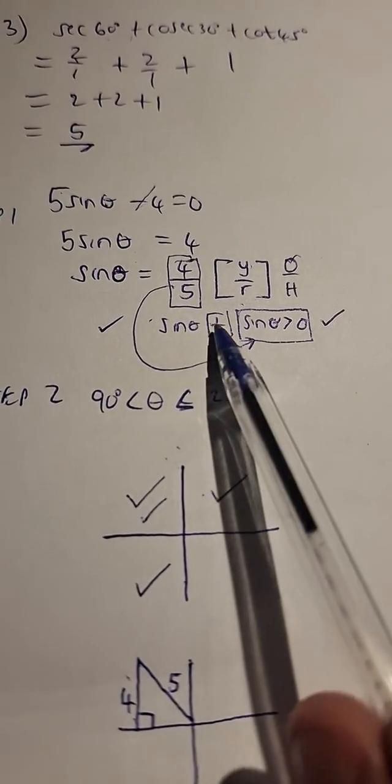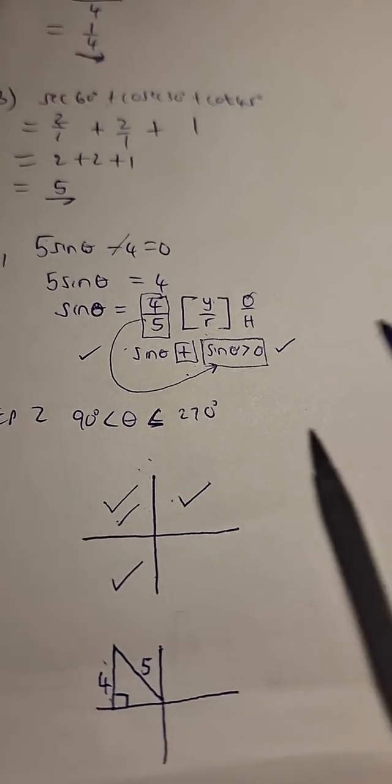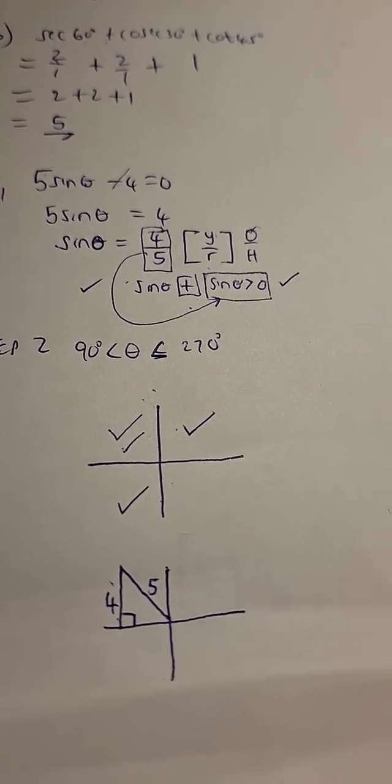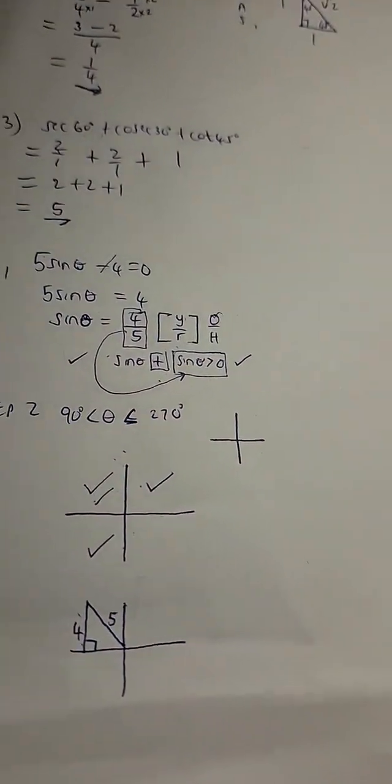If we don't highlight that sine theta is positive from the ratio, then we cannot utilize information here to be able to locate where our diagram will be drawn and in which quadrant. Not quartile, quadrant.